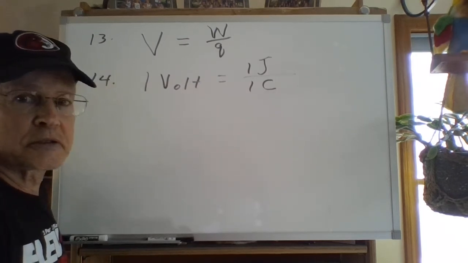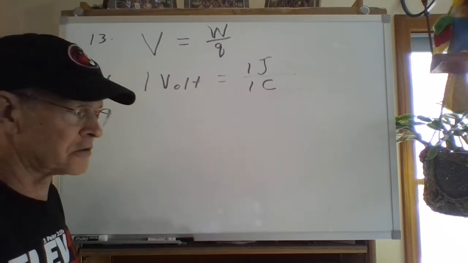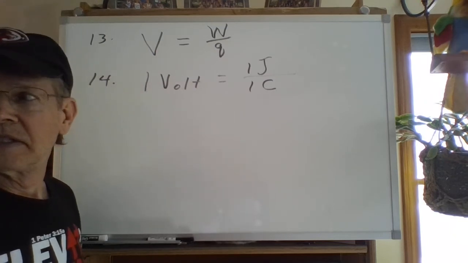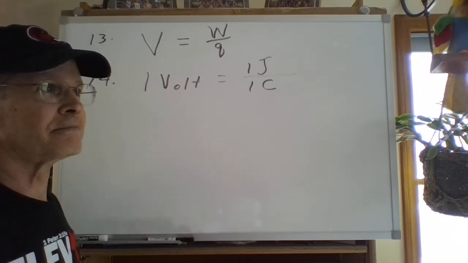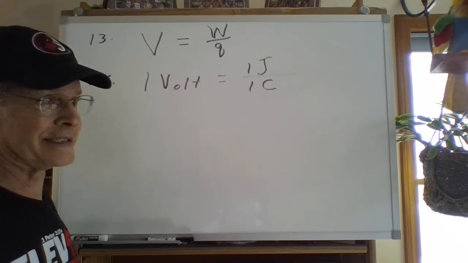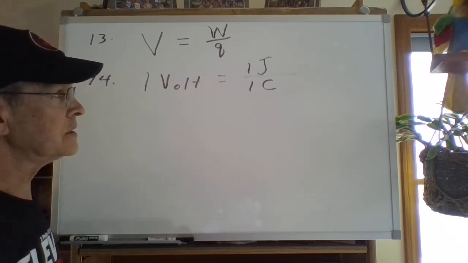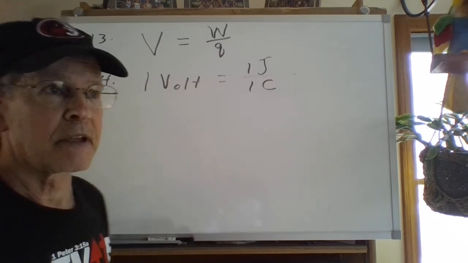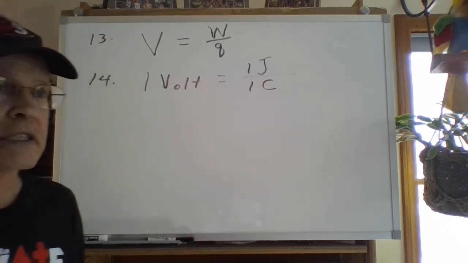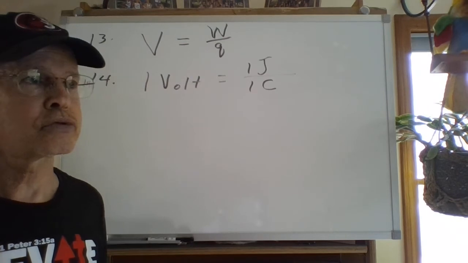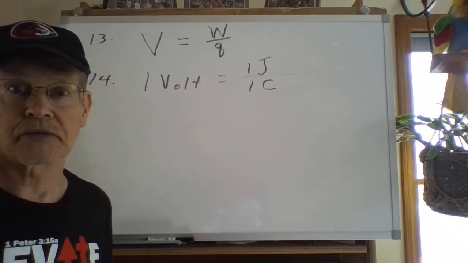We talk about volts, 110 volts in your house, 220 volts for your dryer, 1.5 volt for a AA cell, 9 volt batteries, run lots of different things. Your cell phone battery, not sure, 6 volts.